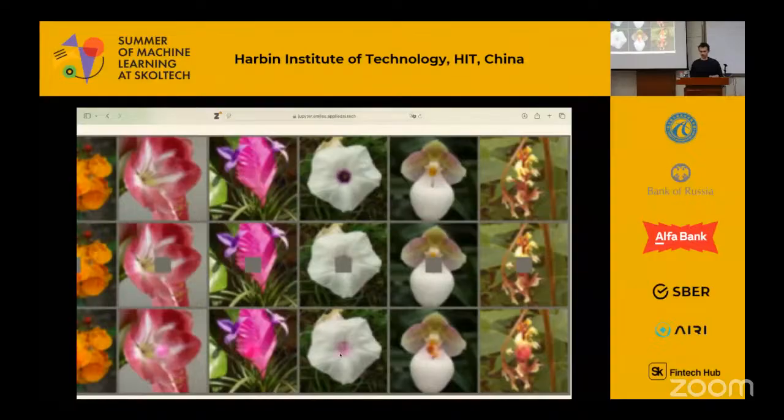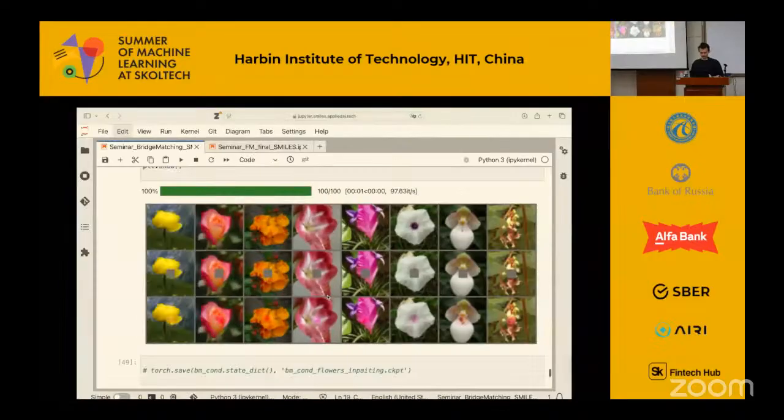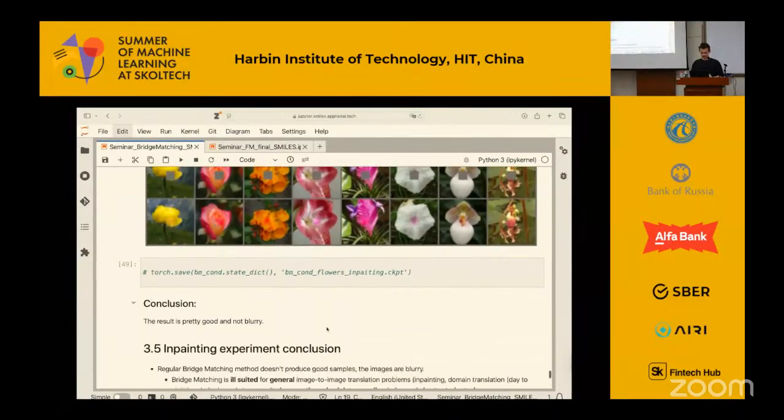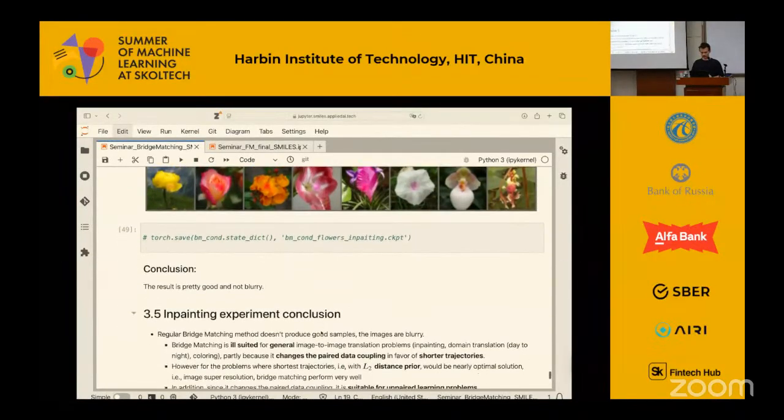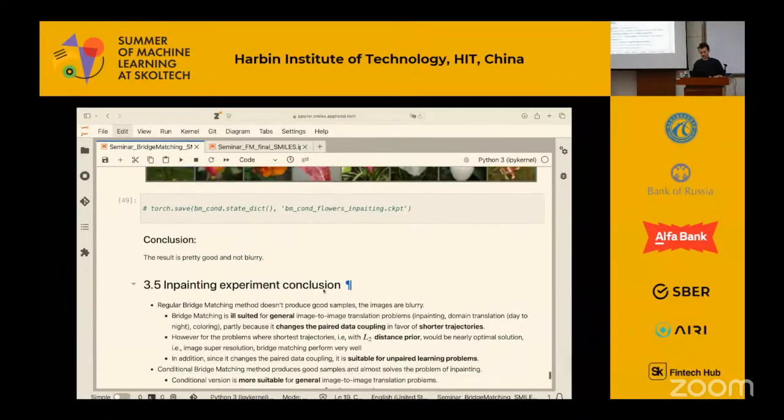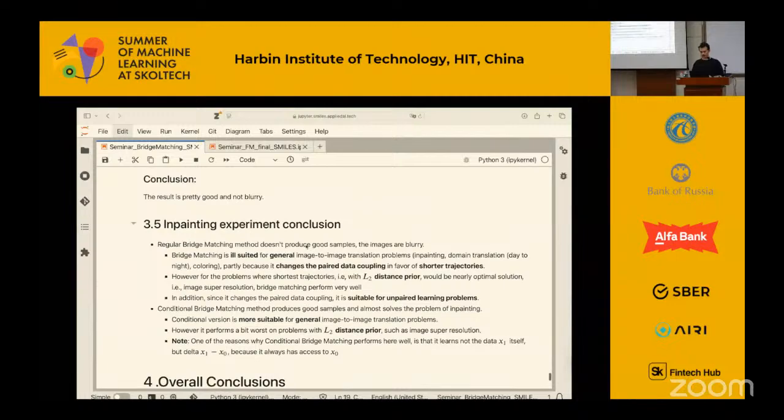In that particular case, conditional batch matching is better. So the result is good and not blurry, and let's make a conclusion for the in-painting experiment.